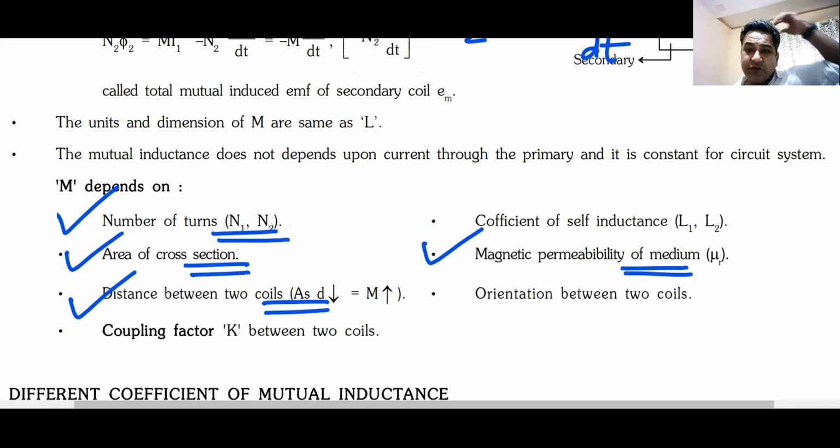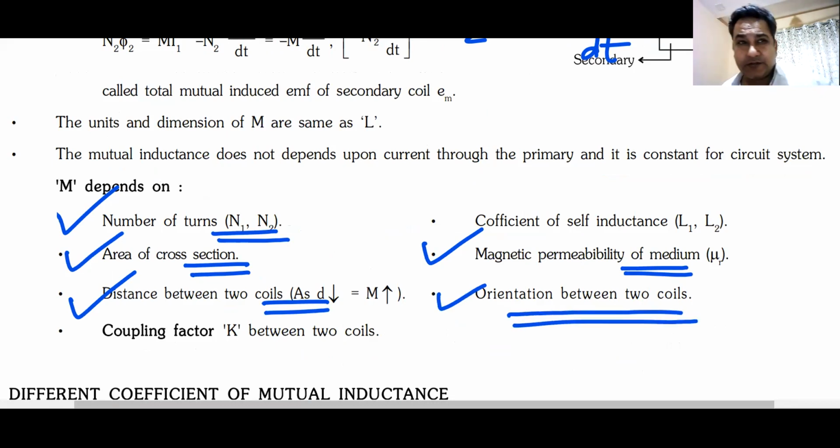Now, apart from these 4 things which are obvious, it also depends on how these coils are oriented. If one coil is here, how is the other coil placed with respect to the first coil? If one coil is here and the other coil is here, the mutual inductance will be more. But if one coil is here and the other coil is here, the mutual inductance will be very less. So it depends on the orientation of the coil.